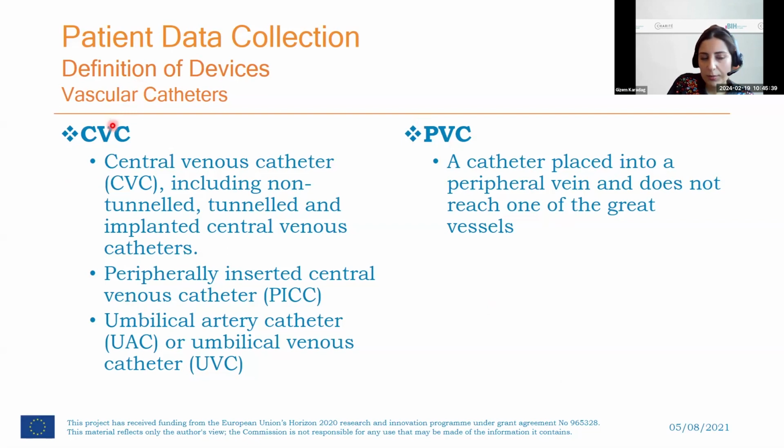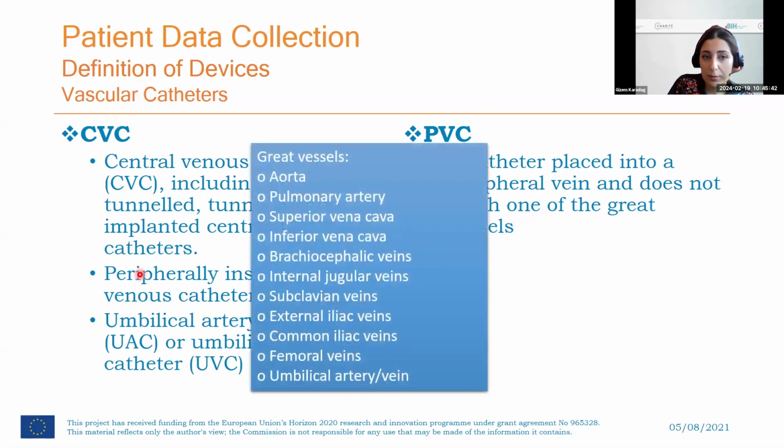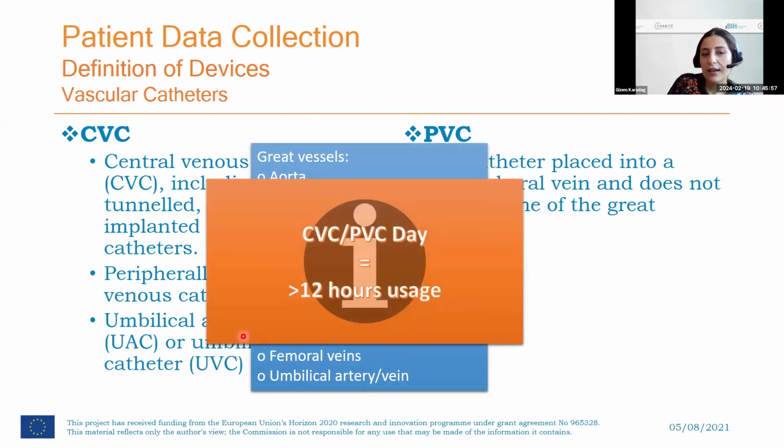Central venous catheters are basically the catheters that are placed into great vessels. Here are the examples, and peripheral ones are placed in the peripheral veins. You can find these examples and detailed information also in the protocol. Importantly, for every device we have in our data set, we have this minimum 12 hours usage rule to call a day a device day.